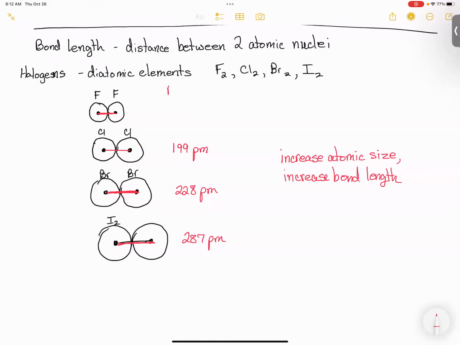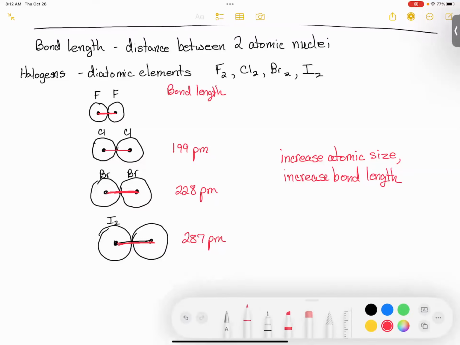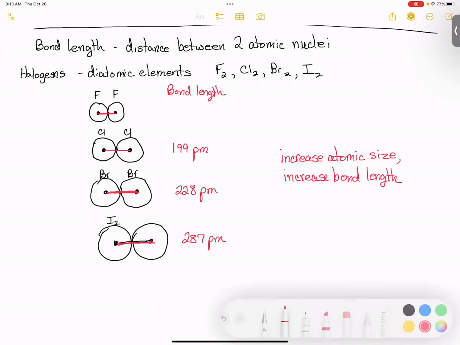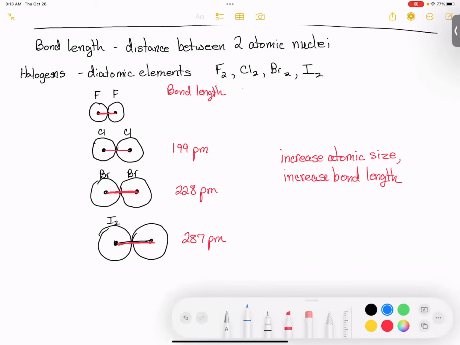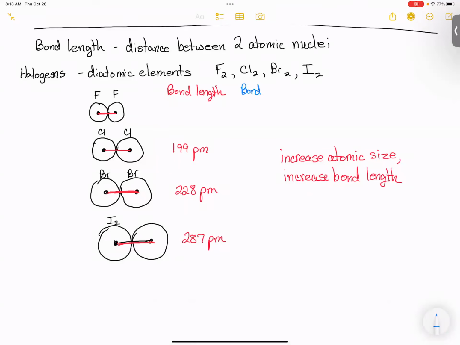So this would be the bond length. Let's talk about bond strength. For chlorine, it has a bond strength of 243 kilojoules per mole.